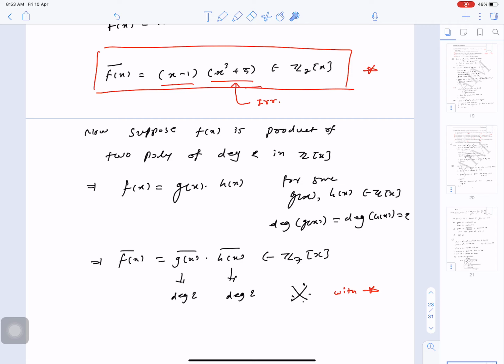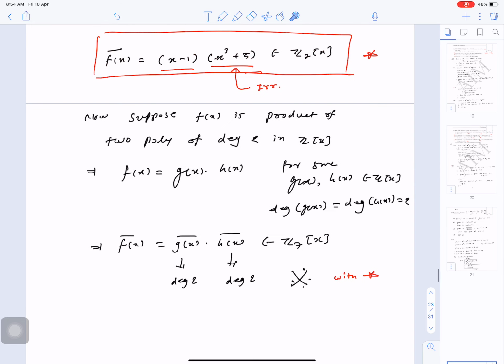So in Z7, f bar x can be written in this way only. If we assume fx in this way, then we get f bar x as a product of two degree 2 polynomials in Z7, but we have proved that it is not, because we get only one factor of degree 1 and another factor of degree 3, and that degree 3 factor is not reducible. If the degree 3 factor were reducible, then we would get a degree 2 factor. So with this expression star we get a contradiction here.